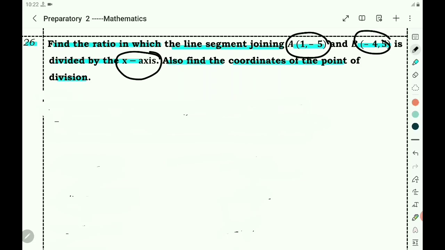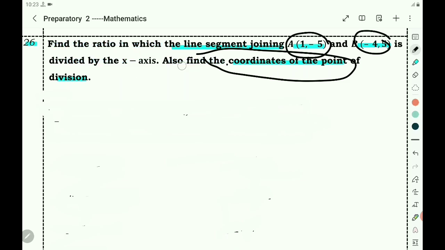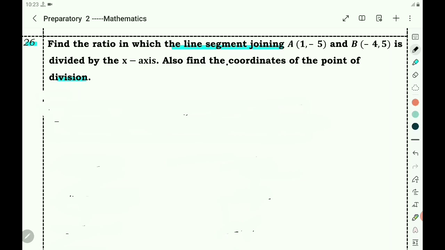What we have to find out? We have to find the ratio of division, and also the coordinates of the point of division. Let us find the ratio of division in the first step. Next, let us find the coordinates of the point of division.